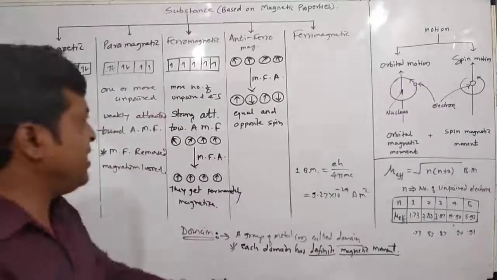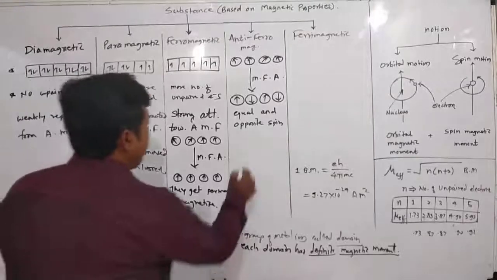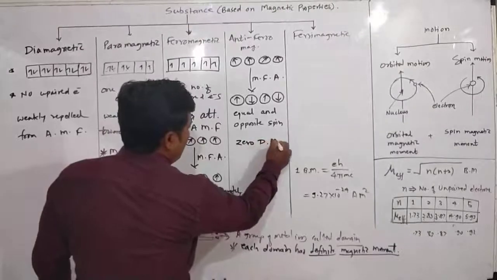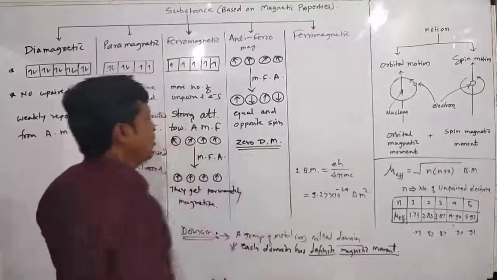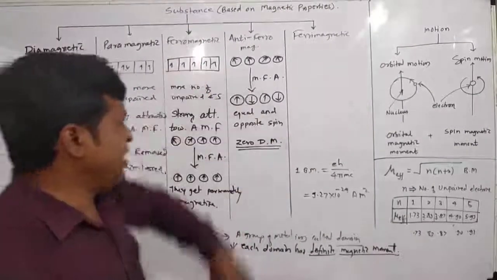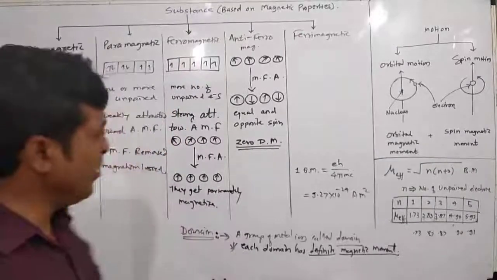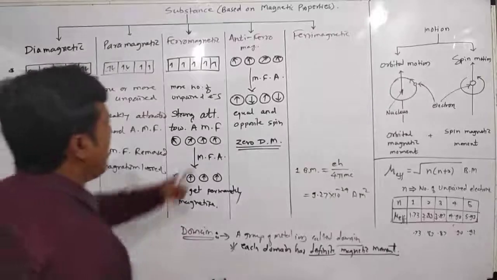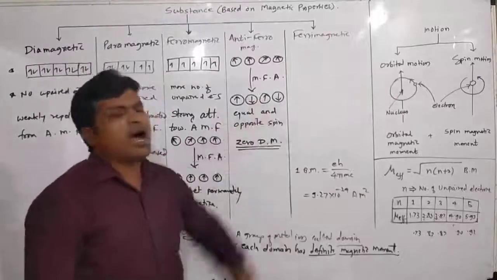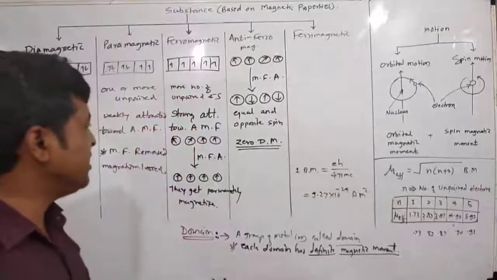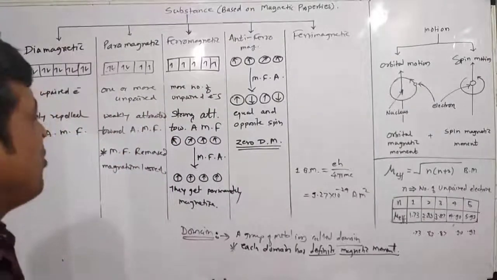They cancel with each other and they have zero dipole moment. So an antiferromagnetic substance has zero dipole moment because they have equal and opposite dipole moments. That is why they cancel with each other.